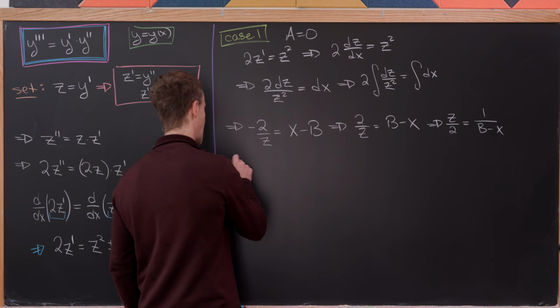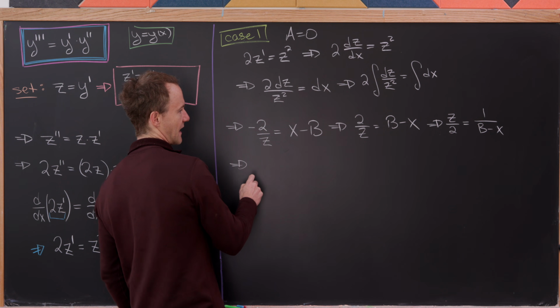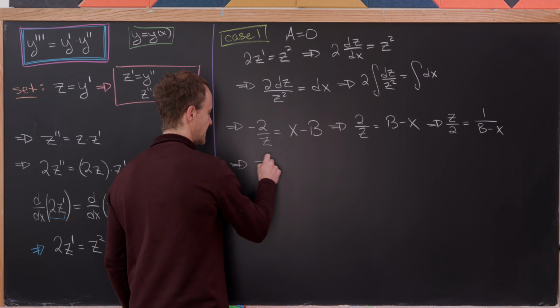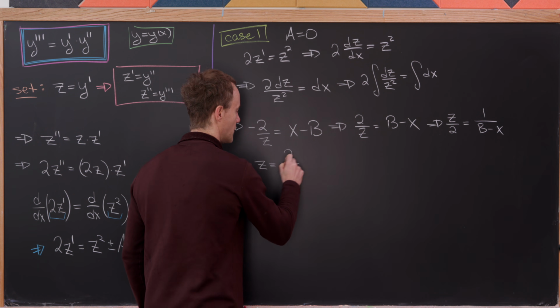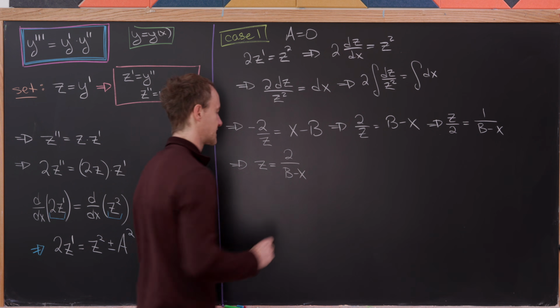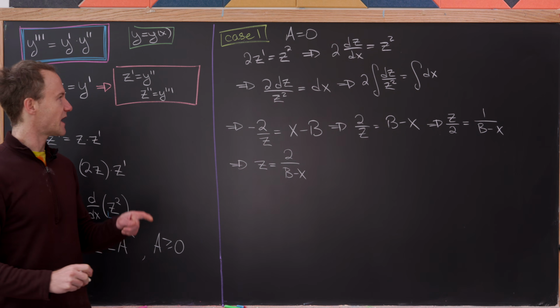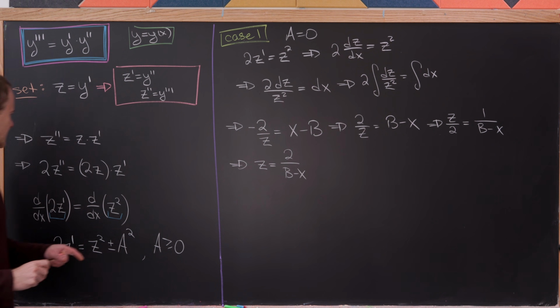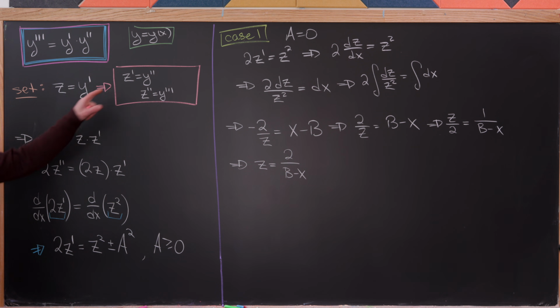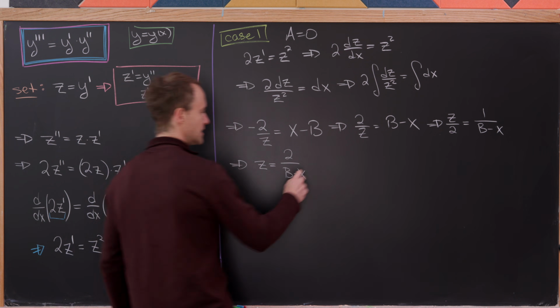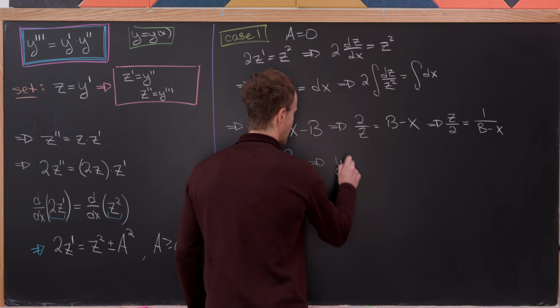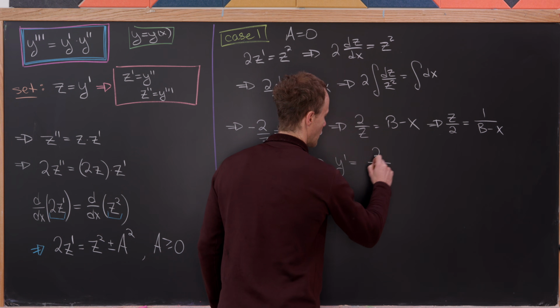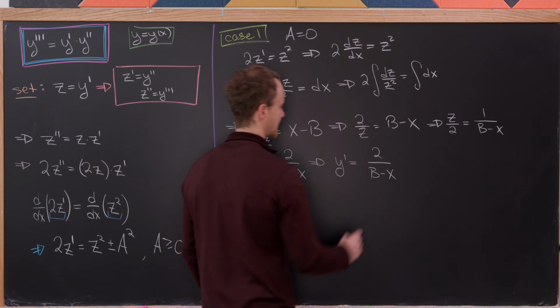And then finally, it'll be z is equal to 2 over b minus x. Okay, but now while we're at it, let's recall up here, we had z equal to y prime. So that gives us y prime is equal to 2 over b minus x.